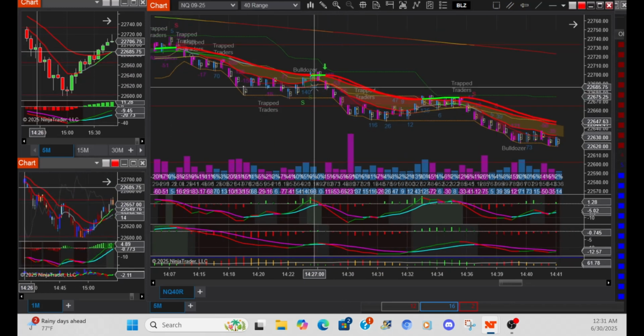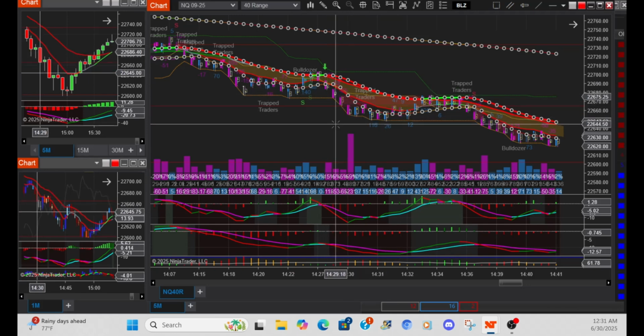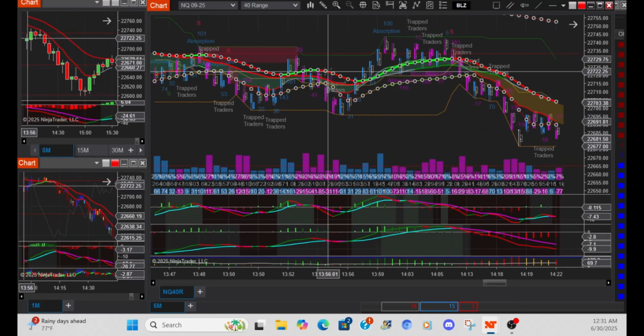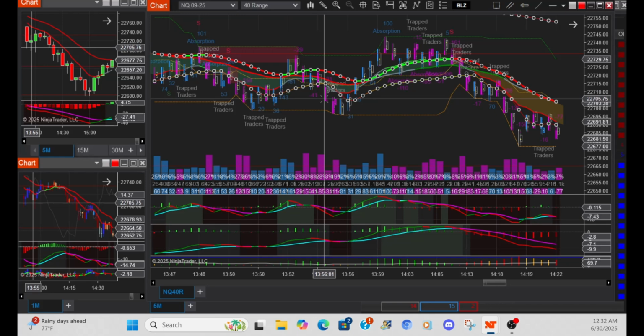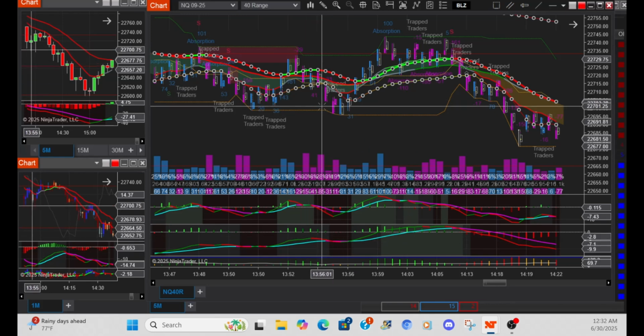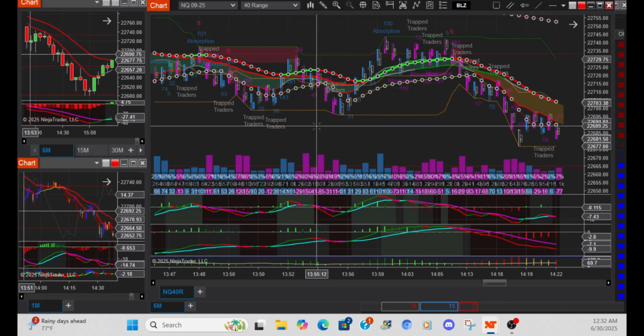It broke through it right here. Conditions were met, we're good to go. It broke here, conditions weren't completely met. But if you did take it, it's only a small loss. Wasn't too crazy.